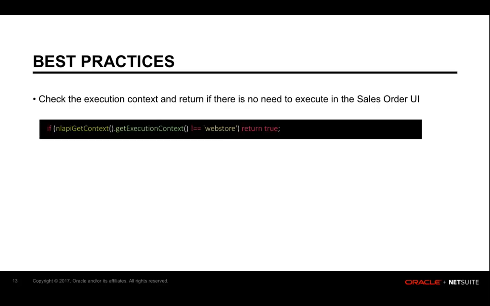If there is no need to execute our code in the backend or any other context rather than the web store, we can verify this and exit the event function. Below, we have the code to verify the context and exit the function if we are not executed in the web store.